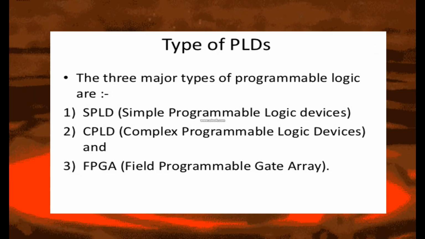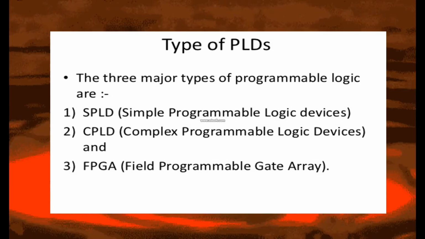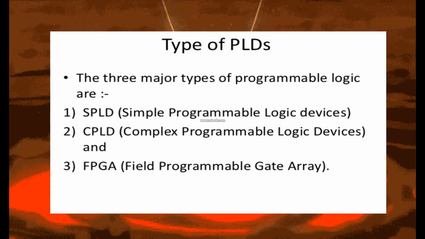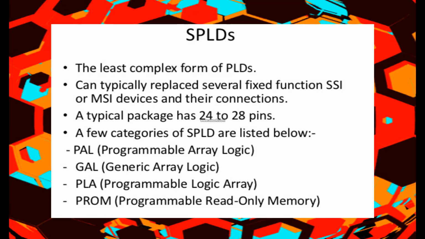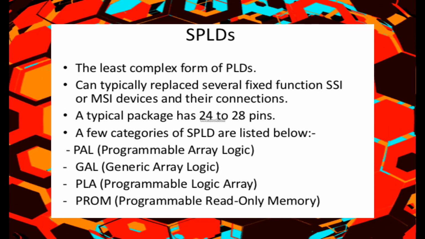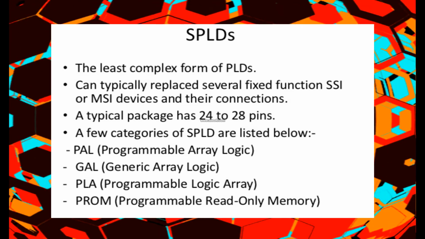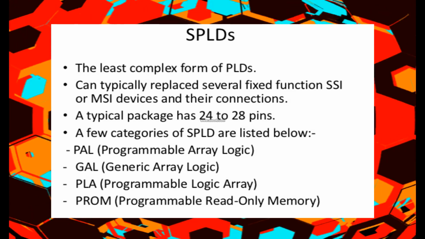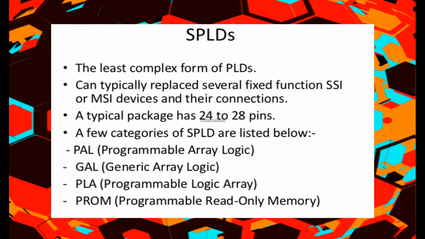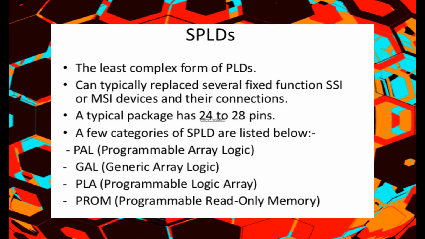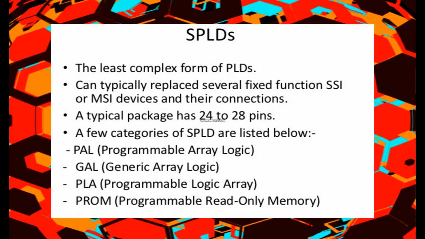Basic idea: types of PLD are SPLD, CPLD and FPGA, that is, simple programmable logic devices, complex programmable logic devices, and field programmable gate arrays. The least complex form of PLDs can typically replace several fixed function SSI or MSI, that is small scale integration or medium scale integration, devices and their connections.